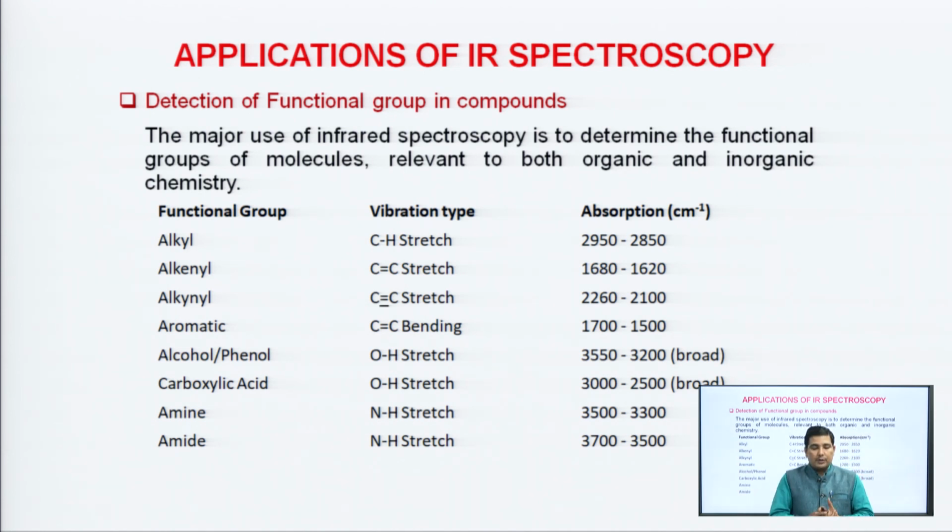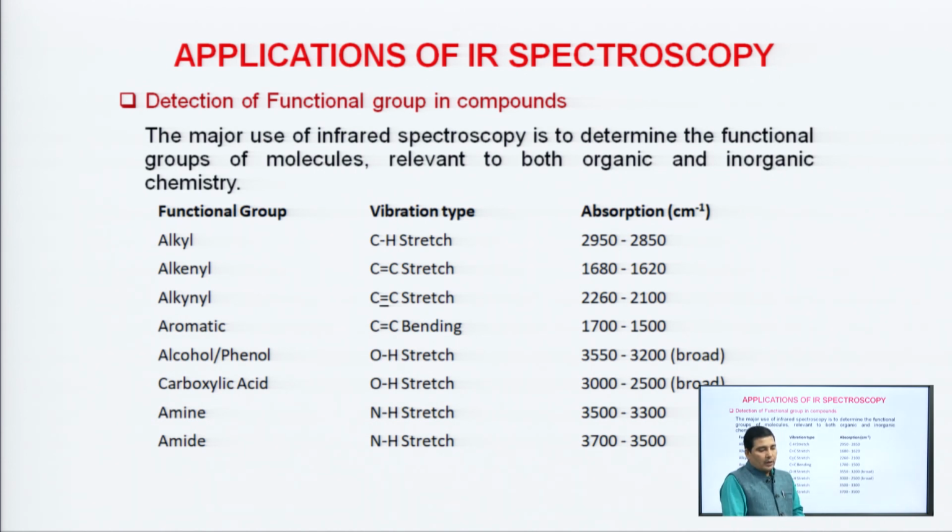Functional groups, suppose we can say alkyl, this is not a functional group, but we are showing just the most probable stretching and bending frequencies: alkyl group, alkenyl group, alkynyl group, aromatics, basic stretching, CH stretching, C double bond C stretching, C triple bond C stretching. The absorption values are given here, you may pause and note them for further reading.